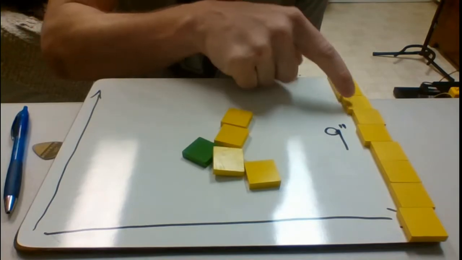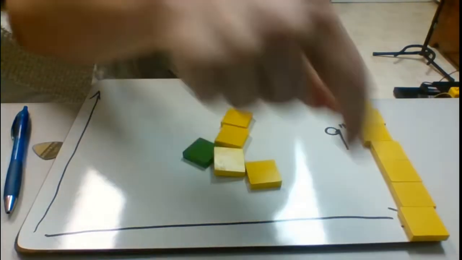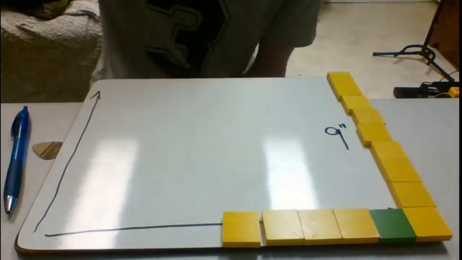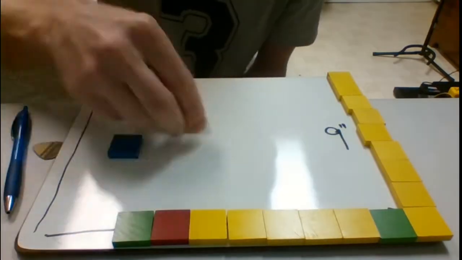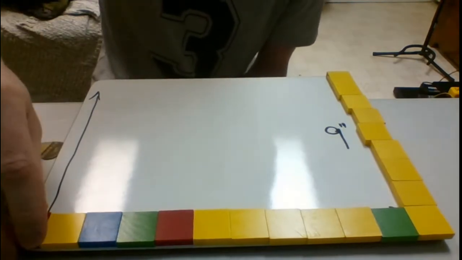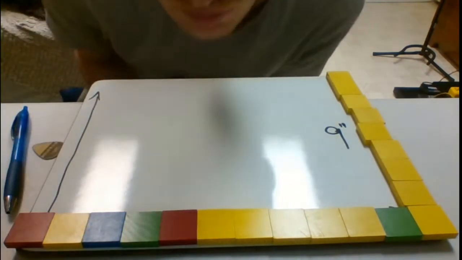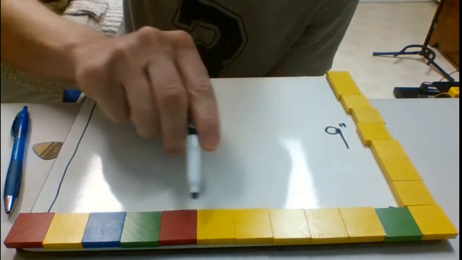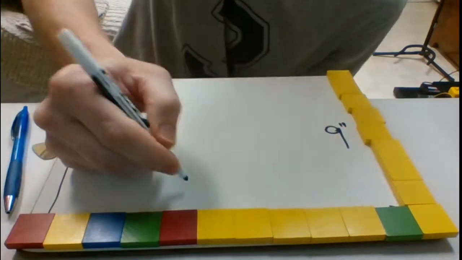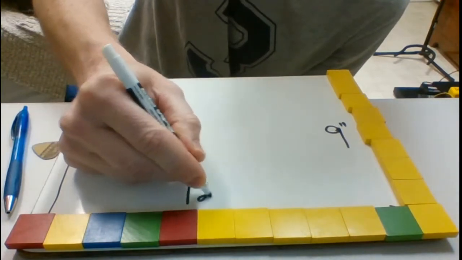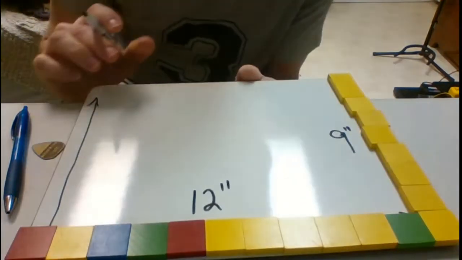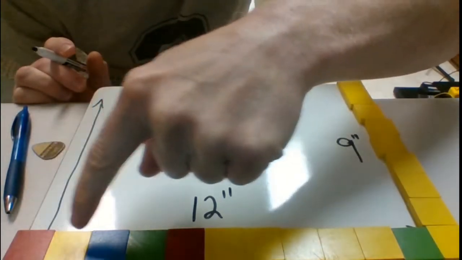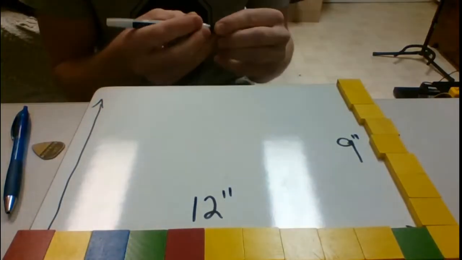So the length, 1, 2, 3, 4, 5, 6, 7, 8, 9. The width, 1, 2, 3, 4, 5, 6, 7, 8, 9, 10, 11, 12. So for this whiteboard, the length is 9 inches. The width is 12 inches.